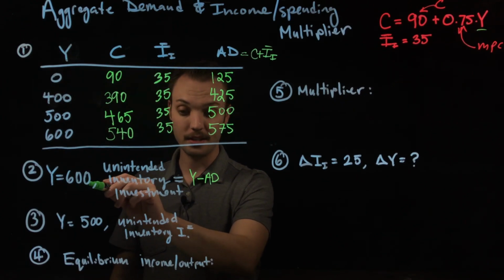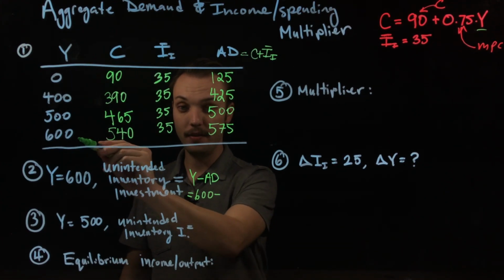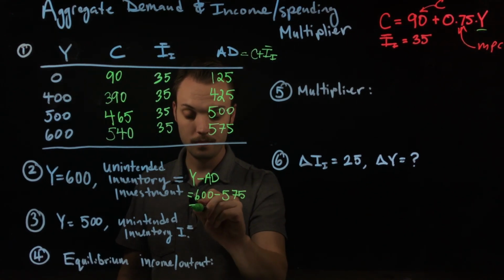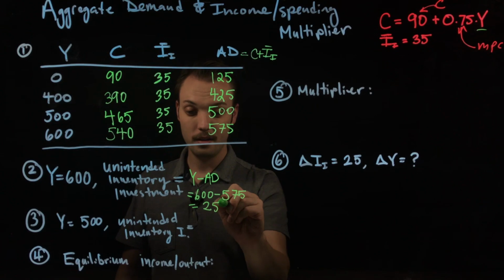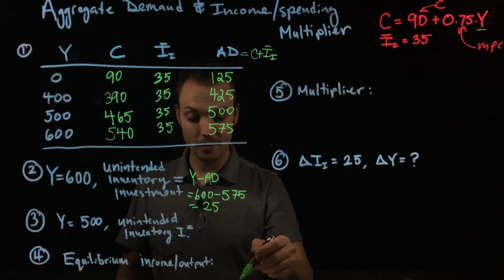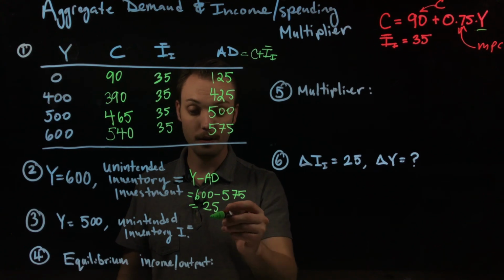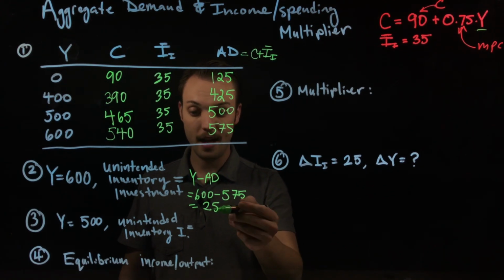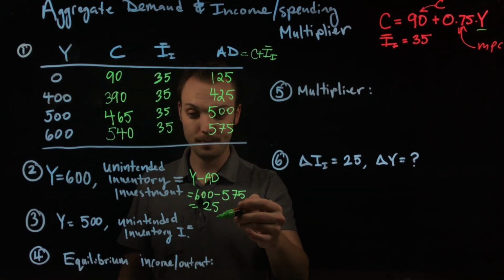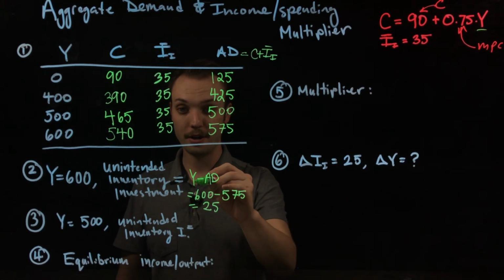Income in this case is 600, and aggregate demand at this level of income is 575. So we have 25 as the level of unintended inventory investment. And then the question asks, would inventories be excessive or depleted, and by how much? Well, by how much is 25, and this is a positive value, so it's excessive inventory investment. In this case, aggregate demand was not sufficient to cover the level of production Y.